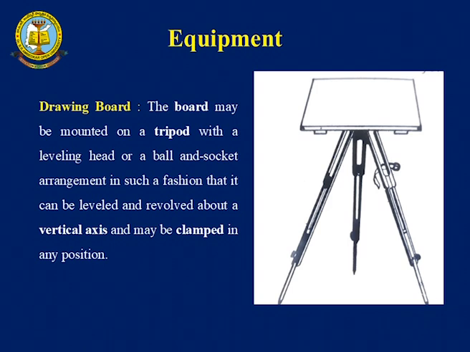Under the board, on the tripod, the ball and socket arrangement lets it be leveled or revolved about the vertical axis and clamped in any position. This is the first part, the drawing board and the tripod.